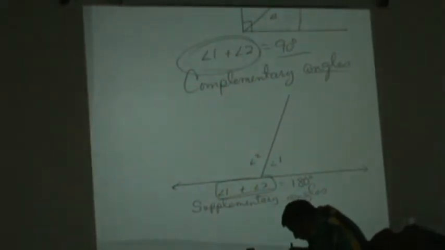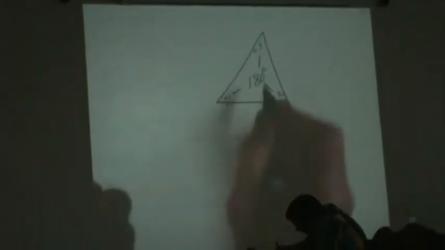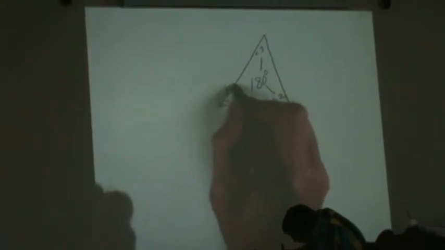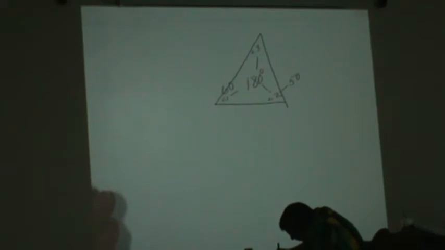Okay, another thing, if you have a triangle, every single triangle, these, like angle 1, angle 2, and angle 3. All 3 of these angles, when you add them up, add up to 180 degrees. So if you knew, like angle 1 was 60, angle 2 was 50, you could figure out what angle 3 was.